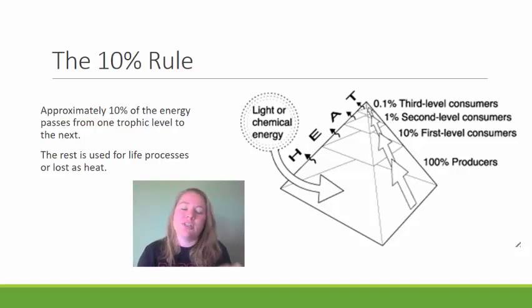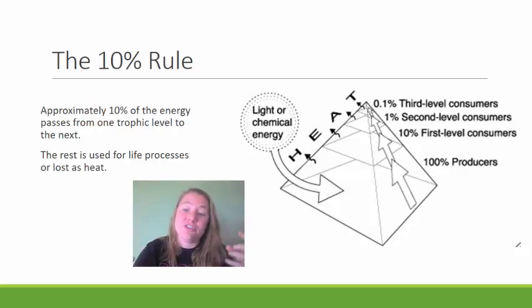Of all of the energy that's available for producers, only about 10% is actually transferred to your primary consumers. The rest of it, so 90% of the energy, is actually lost as heat due to cellular respiration at some point during that plant's life cycle.